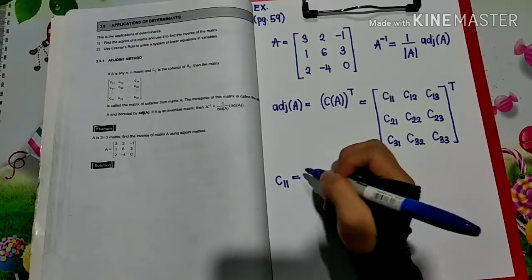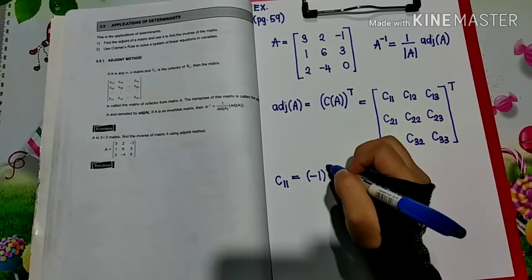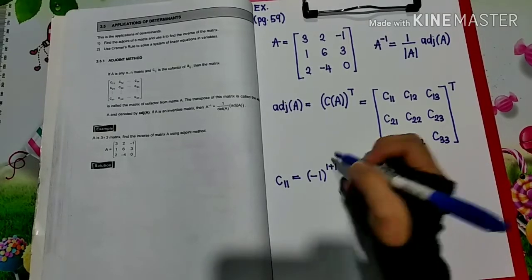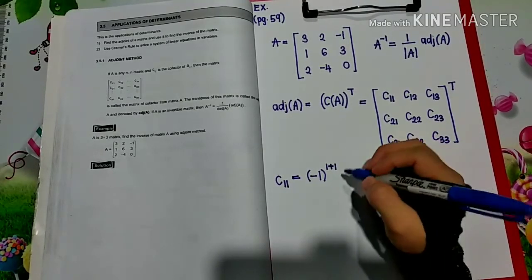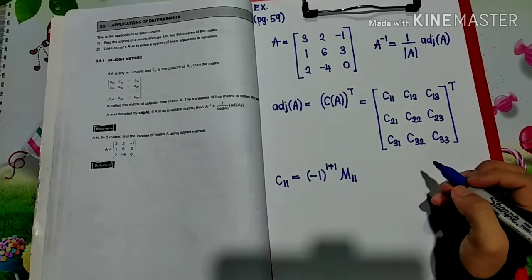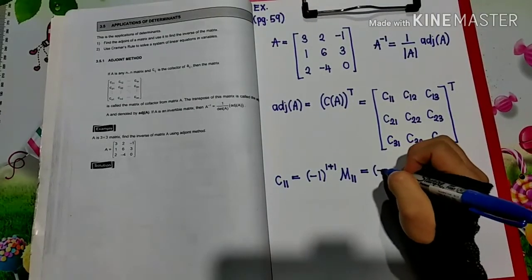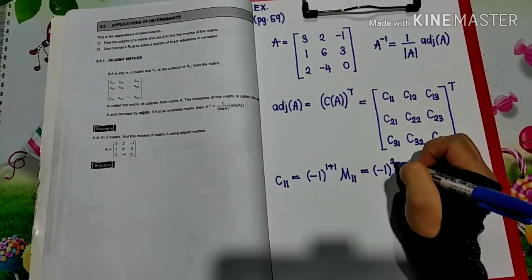C11 here, remember the formula to find the cofactor, negative 1 power 1 plus 1, and then you need to find the minor M11. So negative 1 power 1 plus 1 equal to 2.